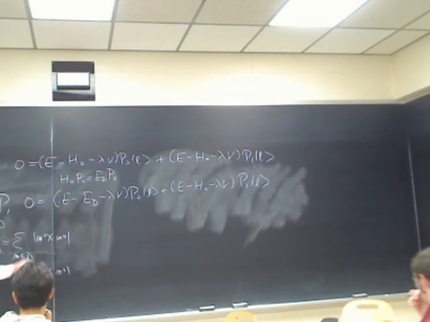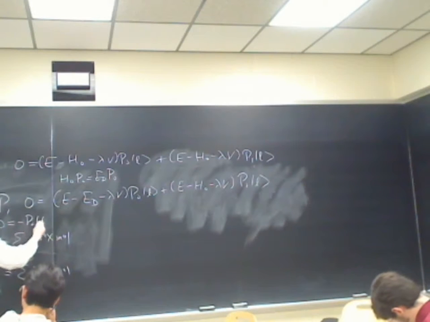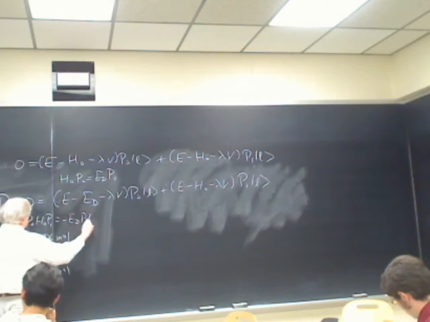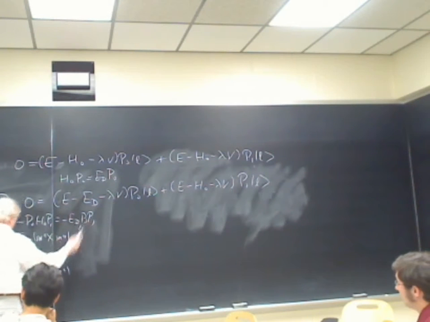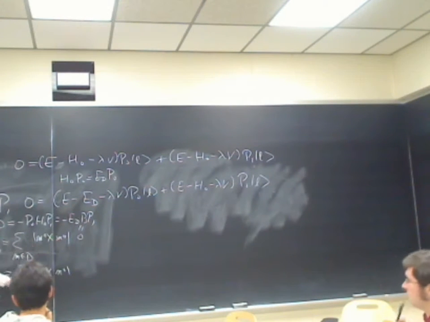So these guys are completely orthogonal to each other, so P0 E P1 is certainly 0, but P0 H0 is E_D times P0, and so this is also 0. In other words, this thing is equal to minus P0 H0 P1, which is minus E_D P0 P1, which is 0 because P0 times P1 is clearly 0, because the states here are orthogonal.